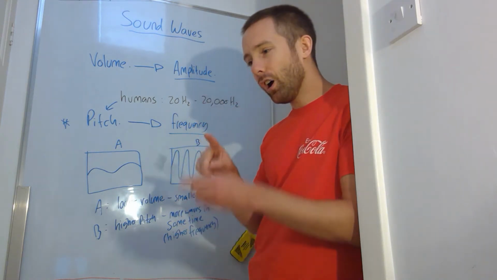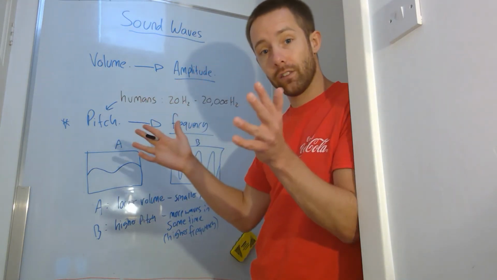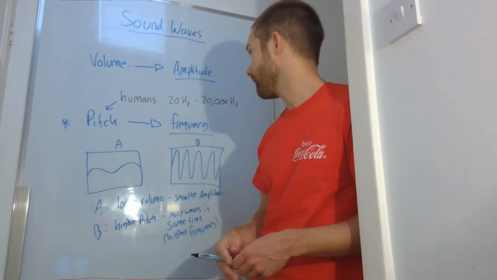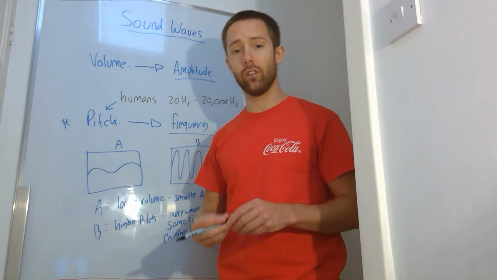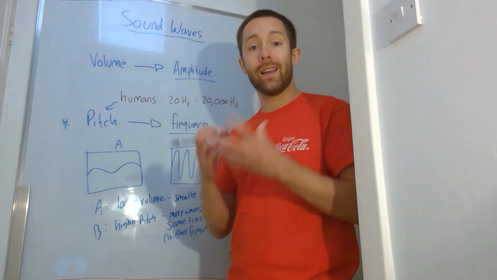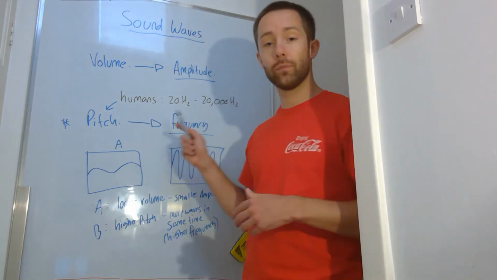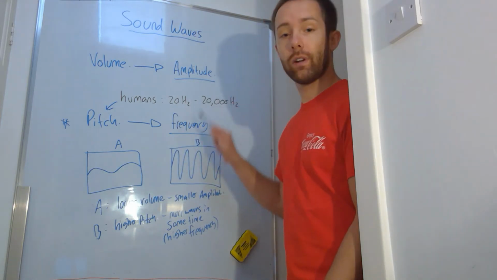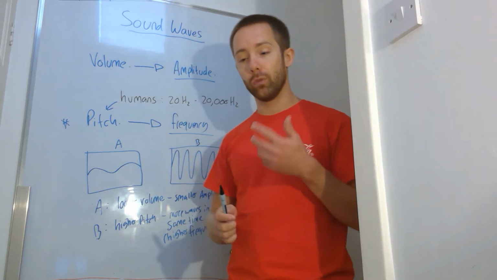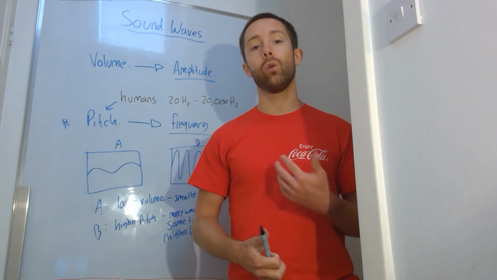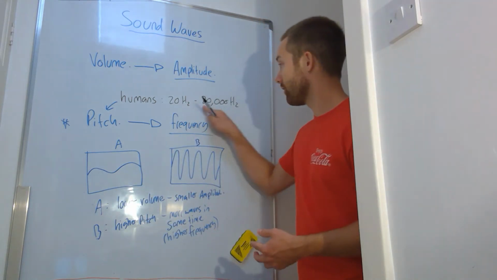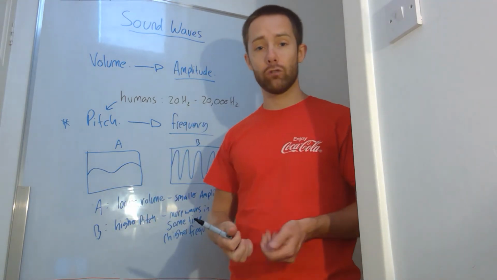Now, obviously at the extreme ends of that, we are less sensitive. I think it's about 3,000 hertz that is the frequency we are best at hearing, basically. But we can hear this range. Now, the top end of this range becomes a little bit more limited as you get older. So the older you are, the lower this top end drops.